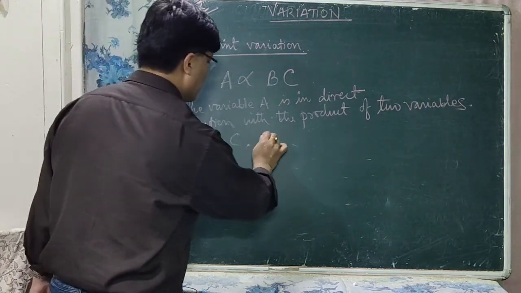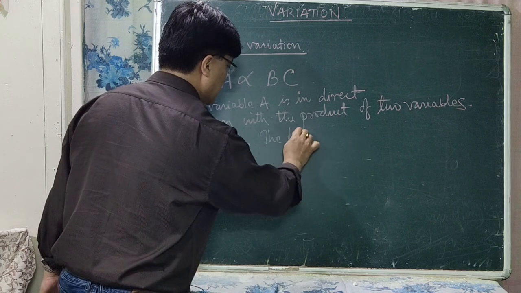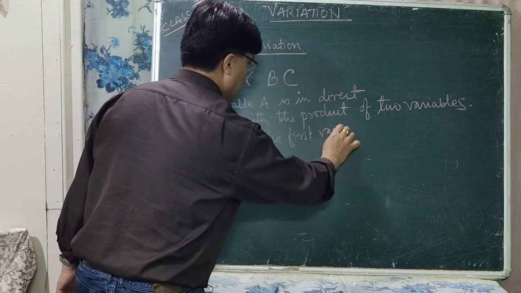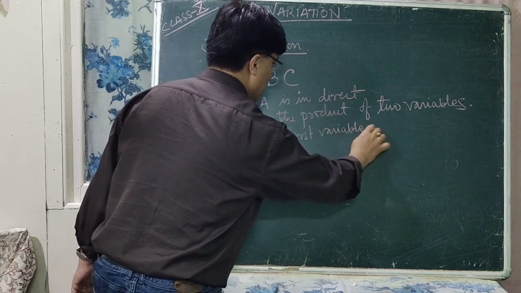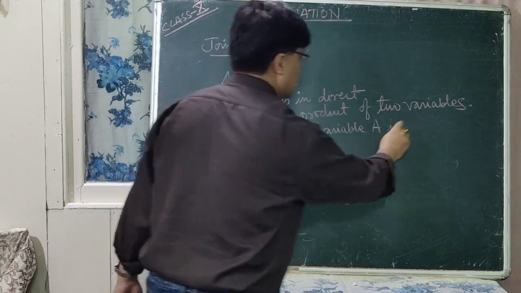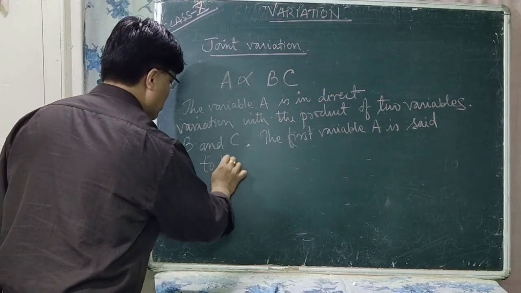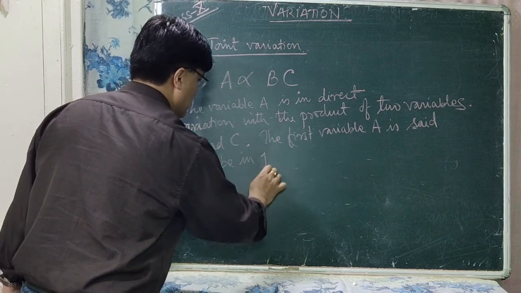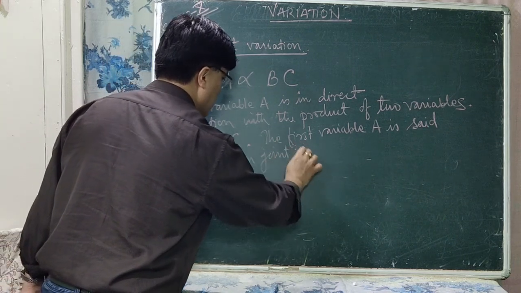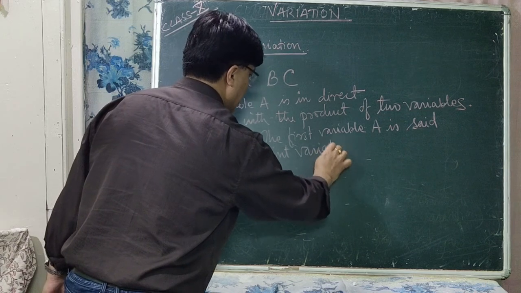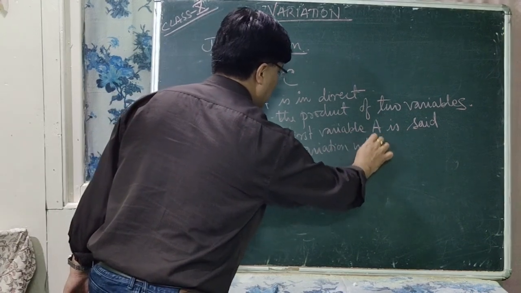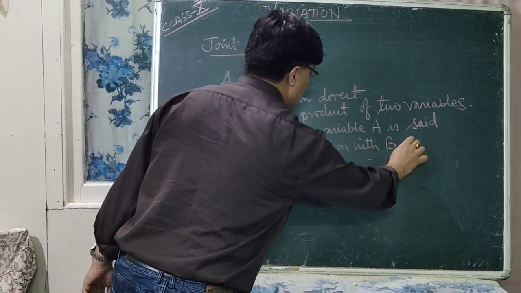The first variable capital A is said to be in joint variation with B and C.